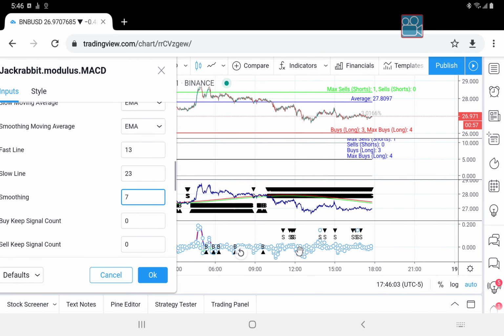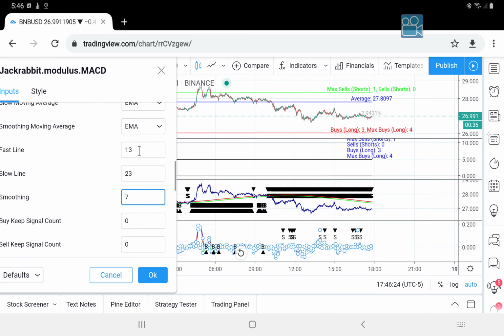And as you can see, it updates the chart. It doesn't do anything to your signals, but it does get rid of a lot of unwanted signals here. This may be good or bad depending upon your situation.